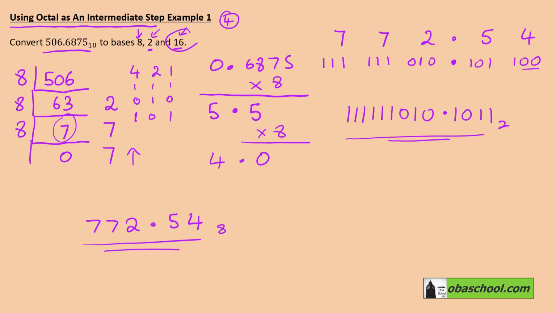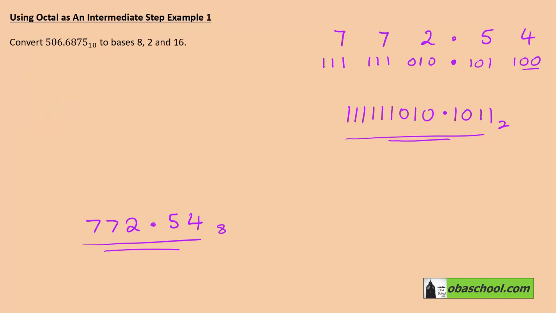And now we're going to go to base 16. Now base 16, we're going to need these number columns to take us up to 15. So what we're going to do is we're going to rearrange this into groups of 4, but we work outwards from the decimal point in each direction.